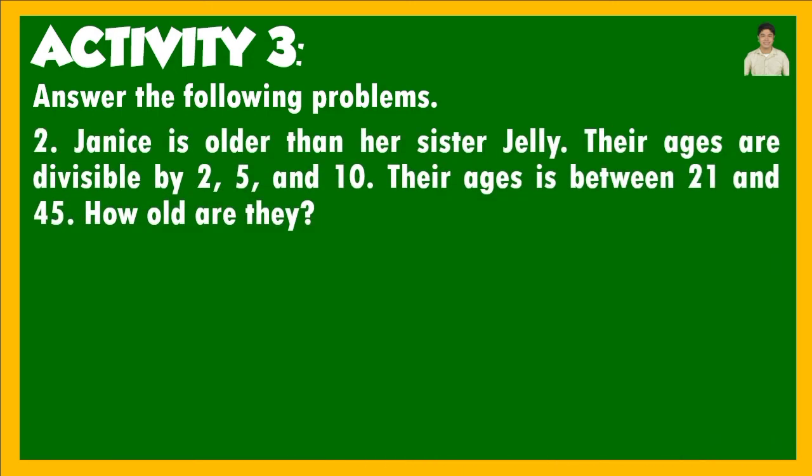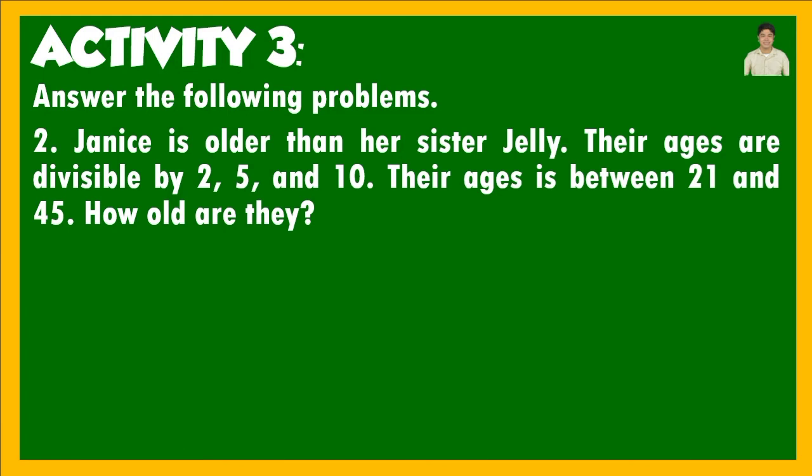Next, number 2. Janice is older than her sister, Jelly. Their ages are divisible by 2, 5, and 10. Their ages are between 21 and 45. How old are they? Okay, so si Janice daw ang nakakatandang kapatid ni Jelly. So, mas matanda si Janice kay Jelly. And then, yung edad ng dalawang sisters na yan ay nasa pagitan ng 21 and 45.